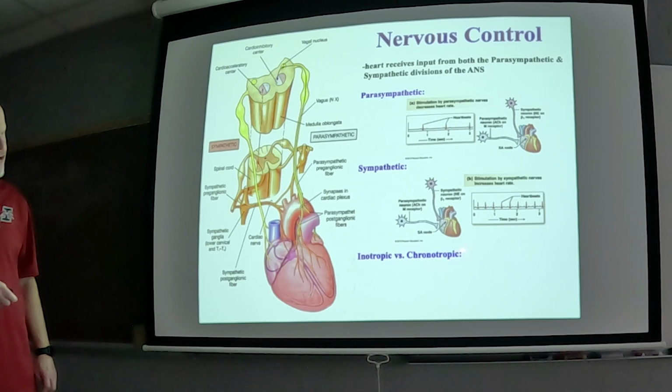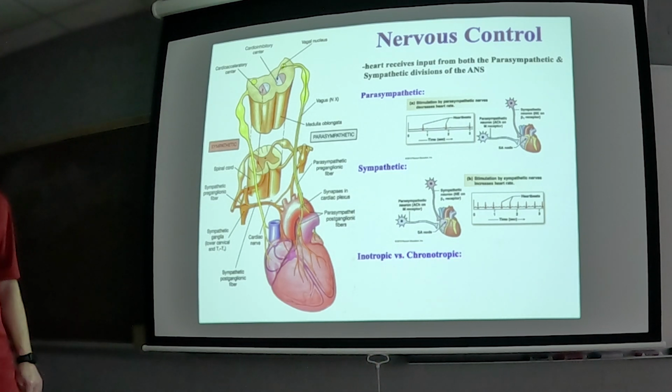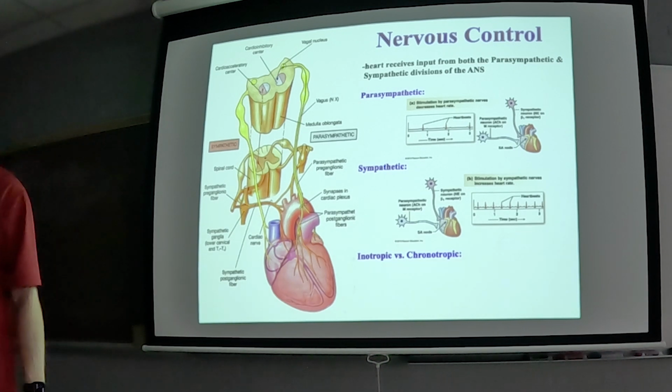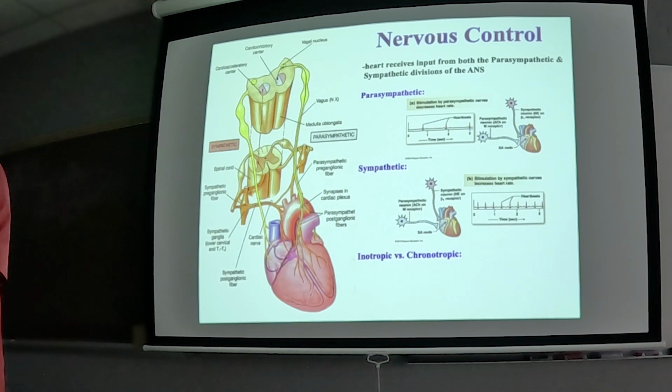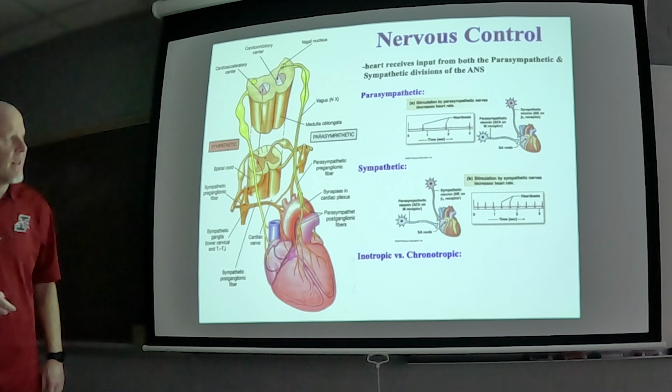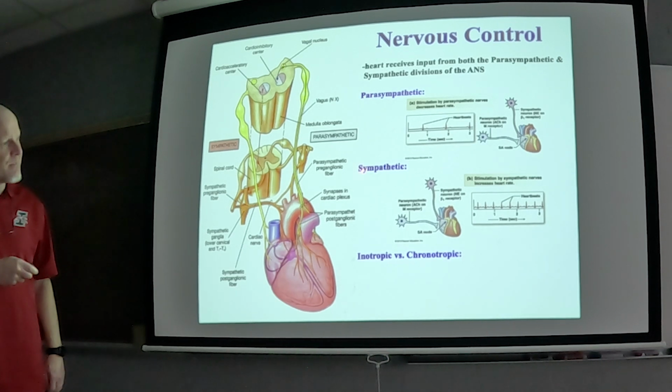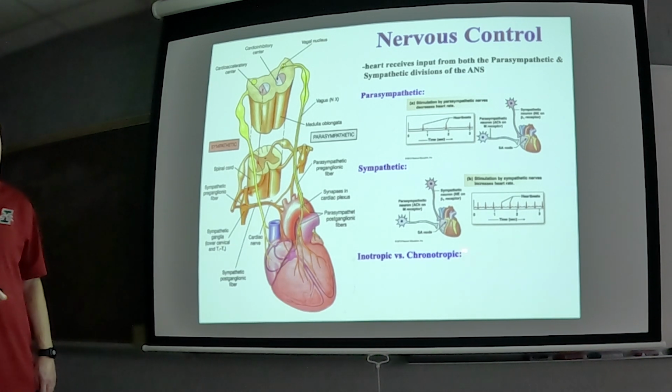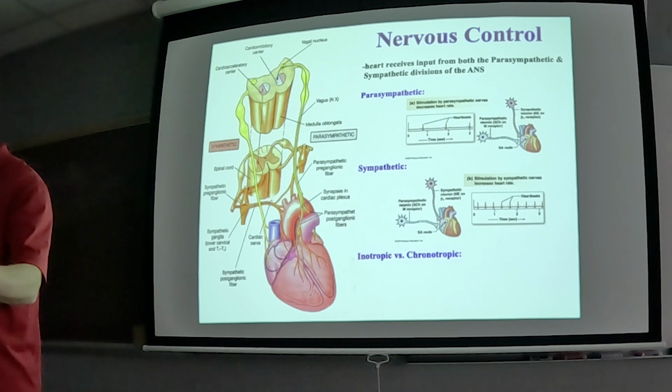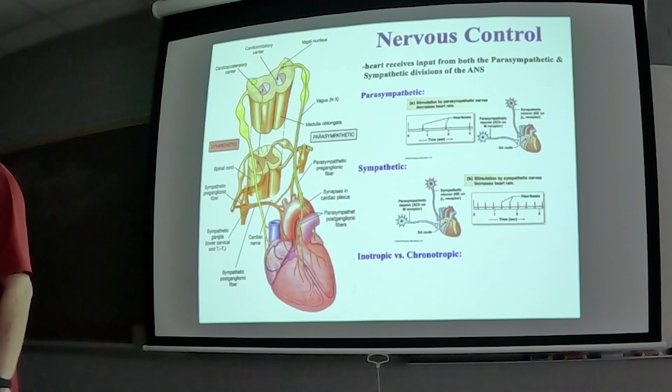Okay, so chronotropic is going to change heart rate. So the parasympathetic and the sympathetic nervous systems are chronotropic to the heart. They either speed it up or slow it down. Inotropic is only the sympathetic nervous system, which changes how hard, or the force of contraction.